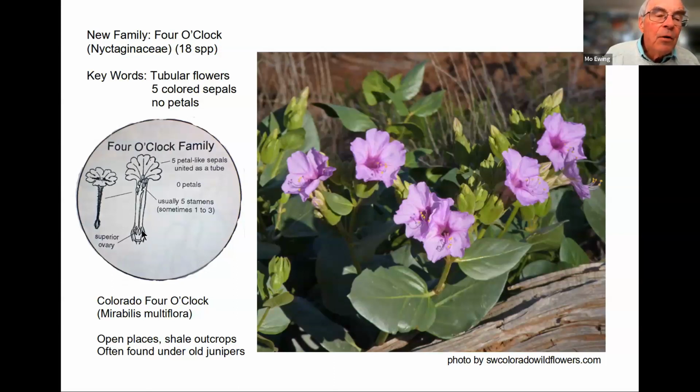It has a superior ovary. So the ovary is above the sepals, which are here. No petals. 5 petal-like sepals united into a tube. It's a little hard to see the tube here because I'm looking right down on it.